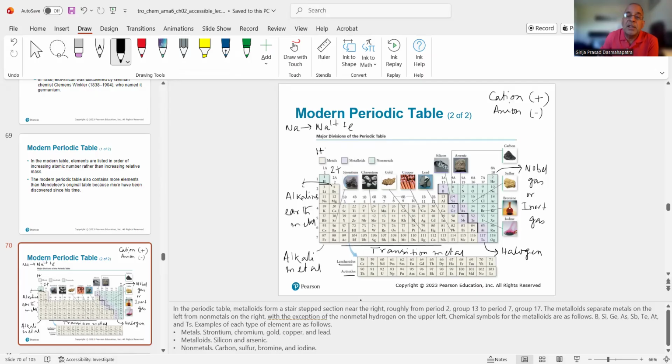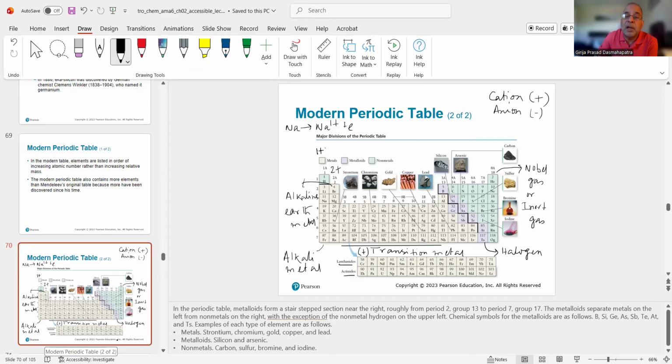In the case of transition elements, they all produce cations, but their charges are variable. They can produce more than one ion depending on the particular reaction.